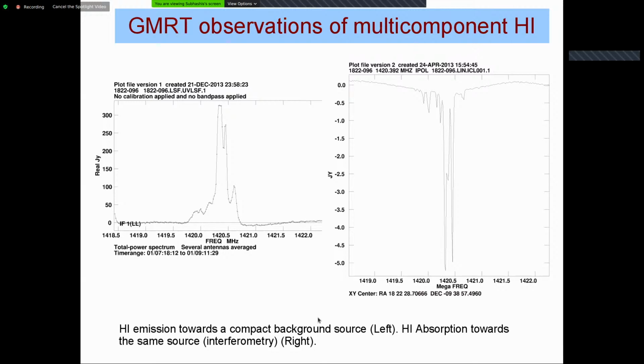And that emitter, because it is passing through the atomic hydrogen, though it is optically thin as I mentioned, if the optical depth is 0.1 or 0.01, it will absorb strongly. So this source, 1822 minus 096, a background compact source, like a delta function, has a flux density in units of Jansky, which is 10 to the power minus 26 watt per meter square per hertz, and that is 7 units of that.